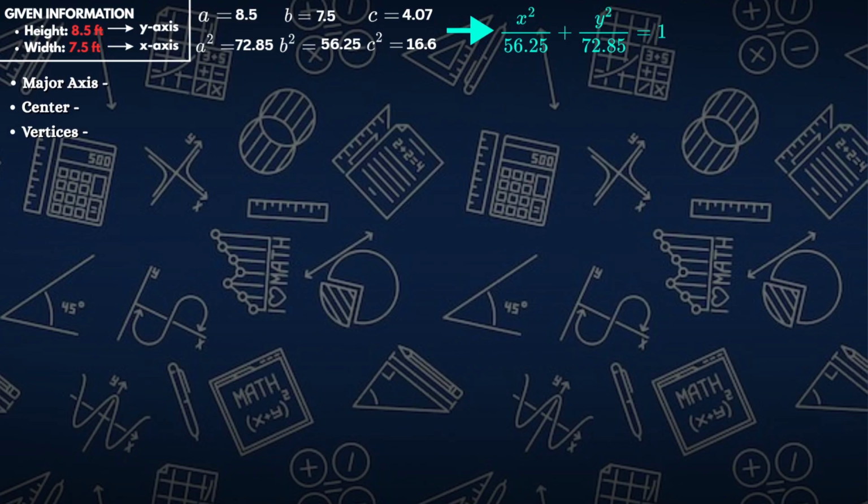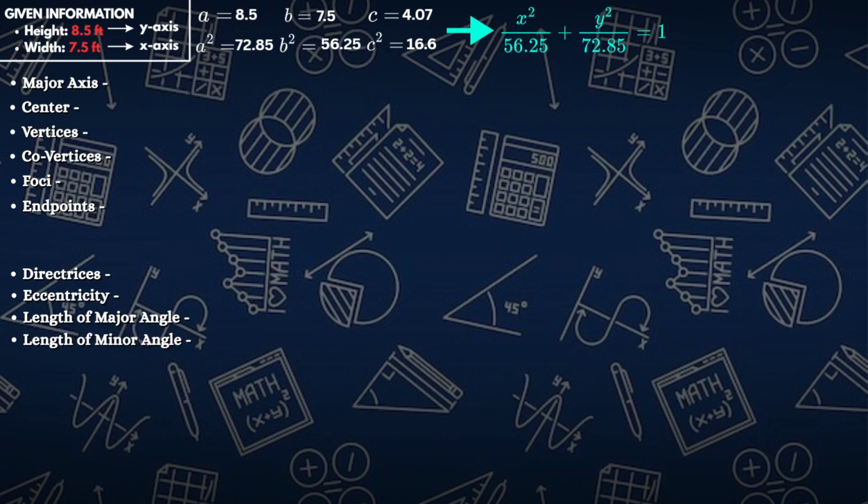These are the parts that we must calculate in order to identify the exact ratio of the door. We have the major axis, the center, the vertices, the co-vertices, the foci, the endpoints, the directrices, the eccentricity, the length of the major axis, the length of the minor axis, and the length of the latera recta.